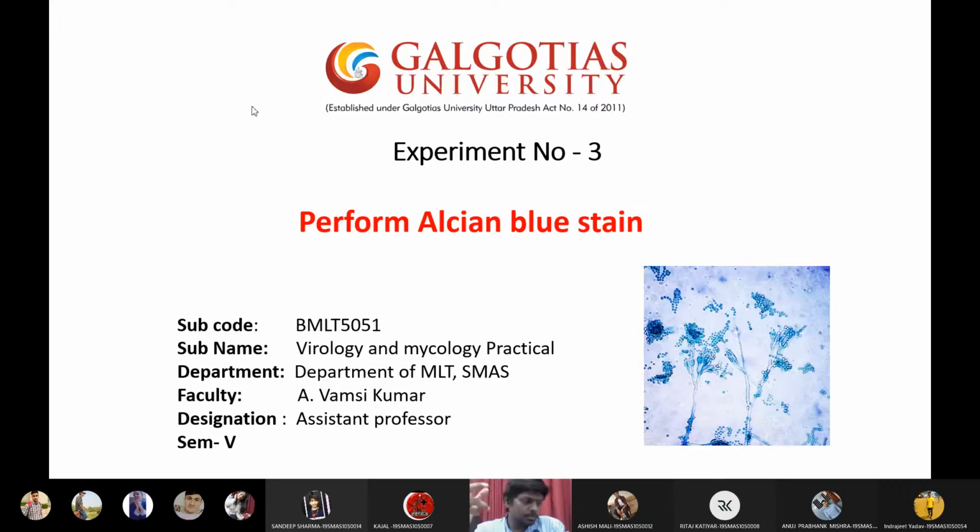For example, in multiple myeloma, some ground substance will be deposited in the tissues. This ground substance can be visualized by using Congo red stain. Presence of this substance in Congo red stain indicates that the patient has multiple myeloma.